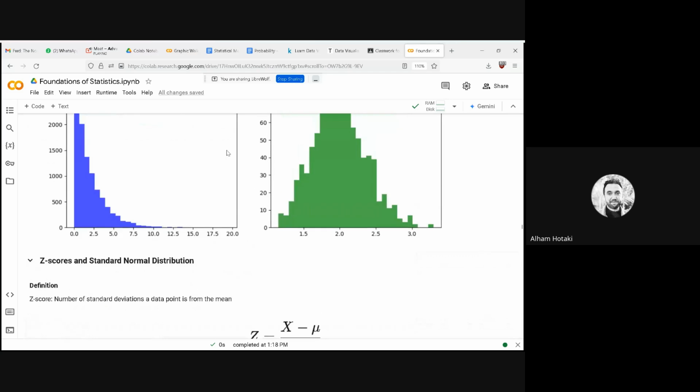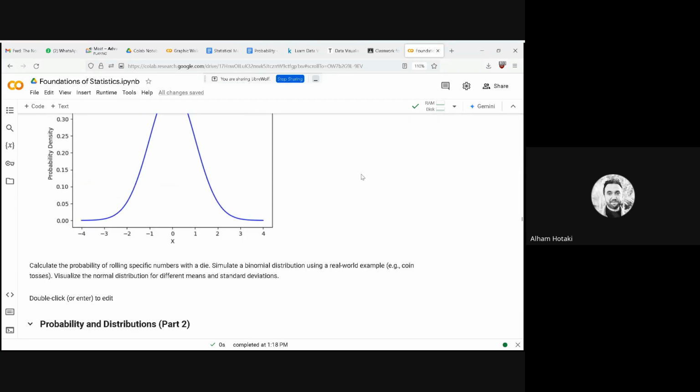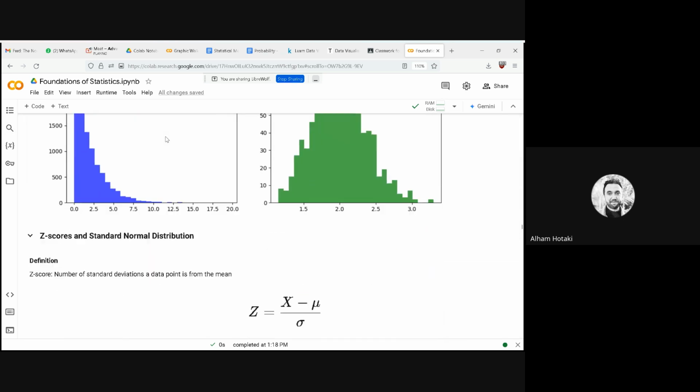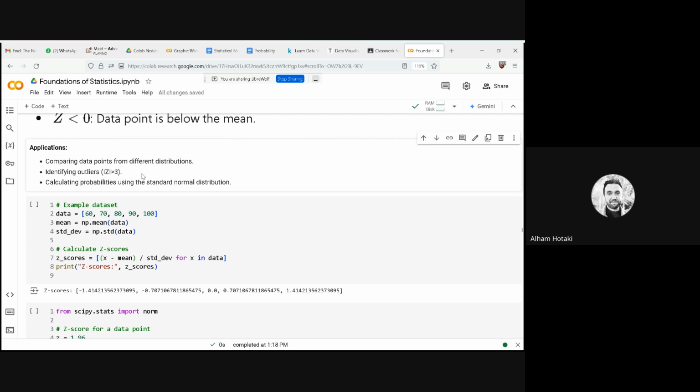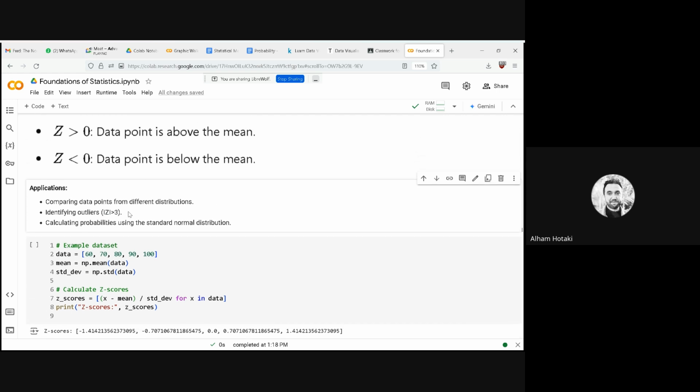Both sides are not important. If the z-score is larger than 3, it means it is 3 standard deviations far from the mean, so I consider it an outlier. This is how z-score plays a key role in detecting outliers.